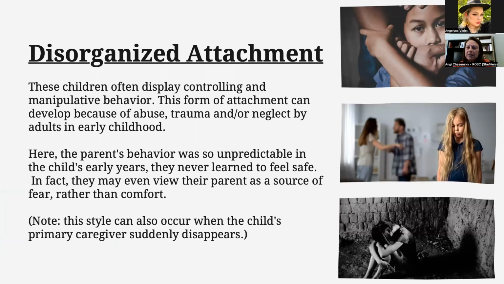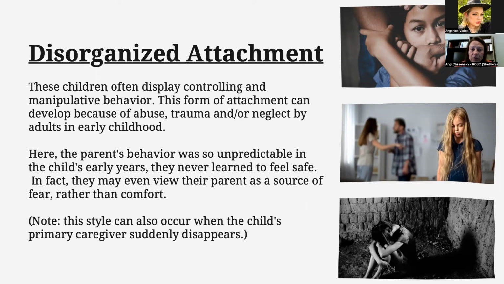So the next attachment style we're going to take a look at is the disorganized attachment. These children often display controlling and manipulative behavior. This form of attachment can develop because of abuse, trauma, and/or neglect by adults in early childhood.